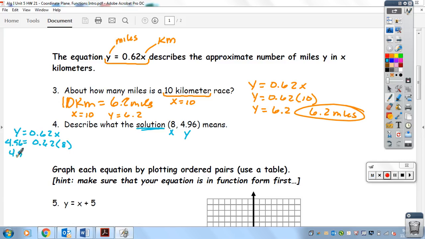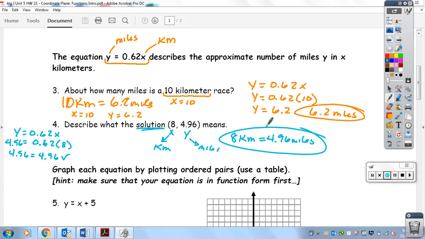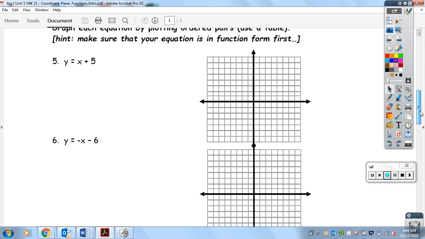If you multiply 0.62 times 8, you get 4.96. So it's a solution, which means it works. But more importantly, x is my kilometers and y is my miles. So that means 8 kilometers equals 4.96 miles. That's actually taking more information and making some actual decisions based off of it. That's what it means. These questions should have been easy.